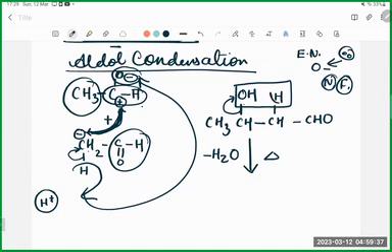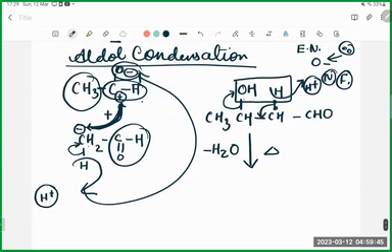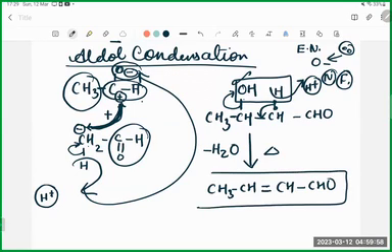Hydrogen will not take it. Hydrogen goes away without the electron. So this electron pair will be shifted between these two carbons. So whenever we have the methyl CH3 CH, wherever there is OH, a double bond will come on the next carbon. Remember, this is the trick. So you get this product as the aldol condensation.